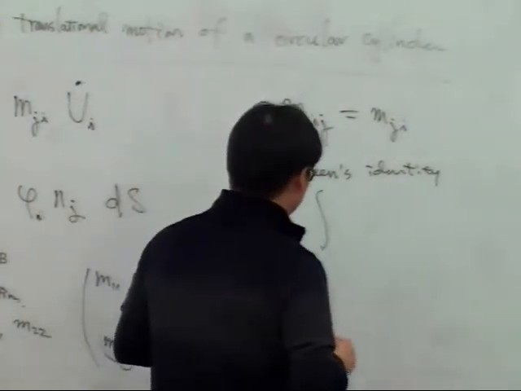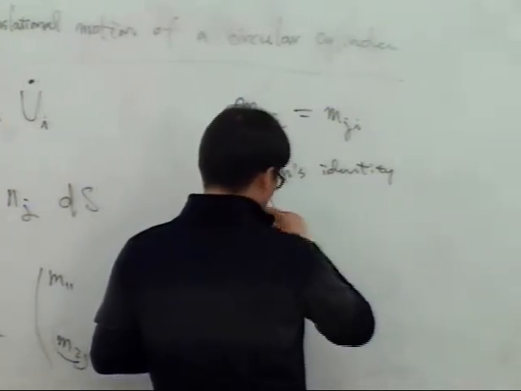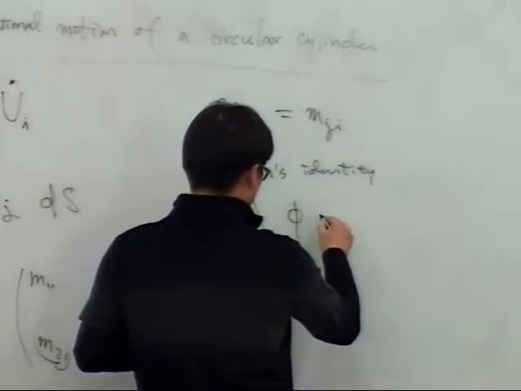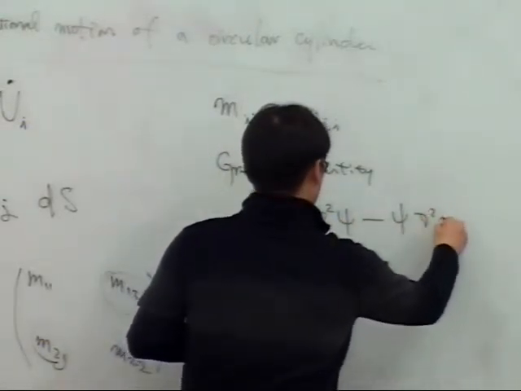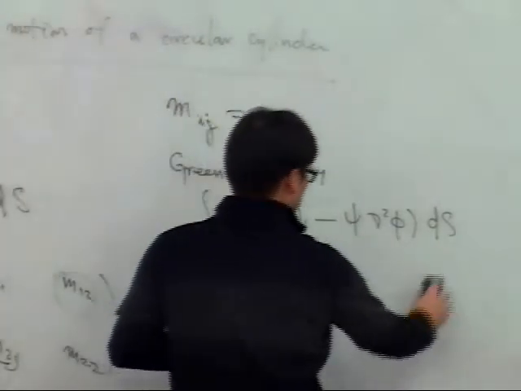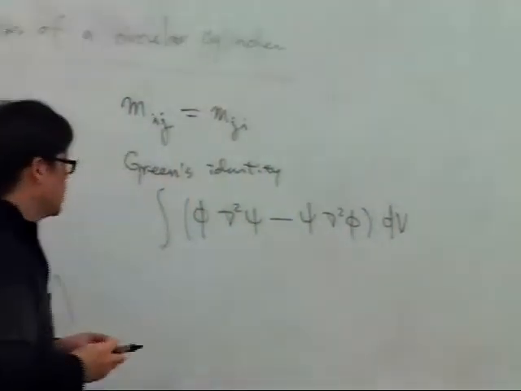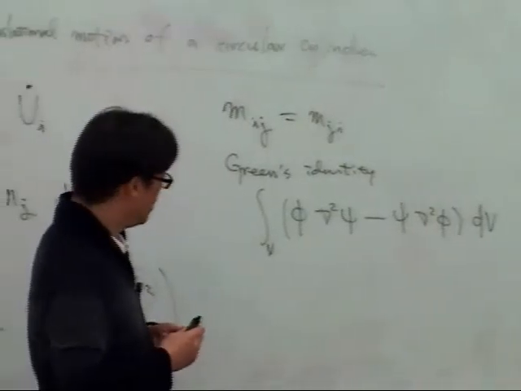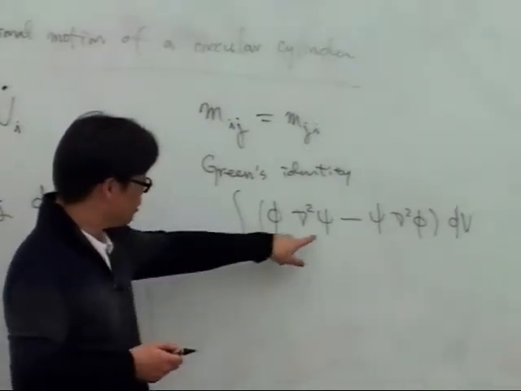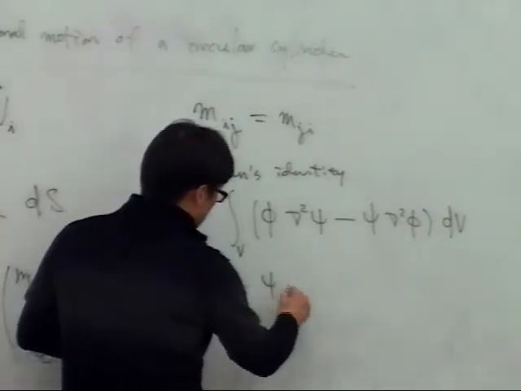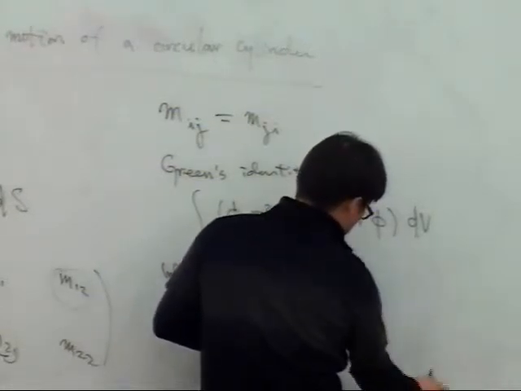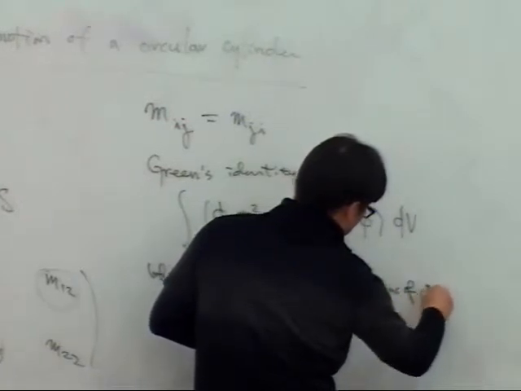Suppose you have a volume of fluid, and this is zero, where psi and phi are solutions of the Laplace equation.